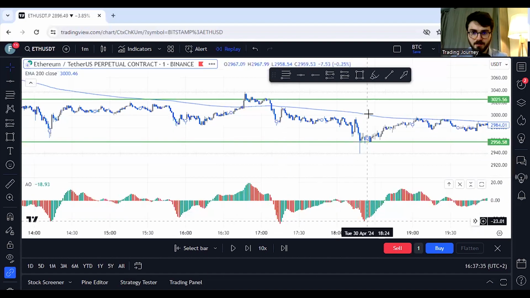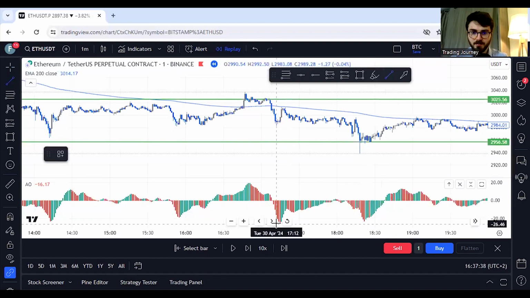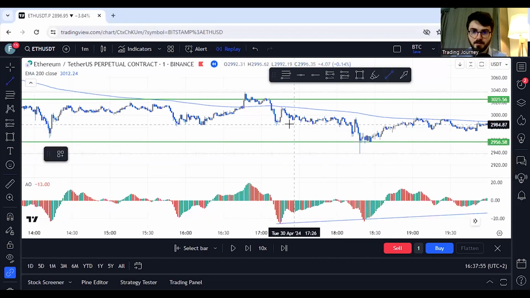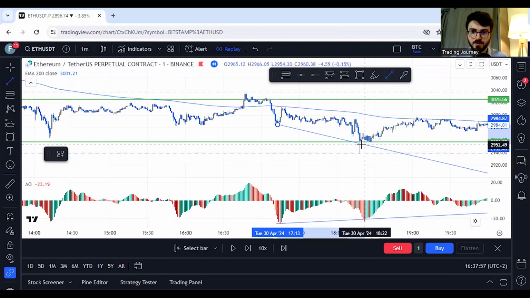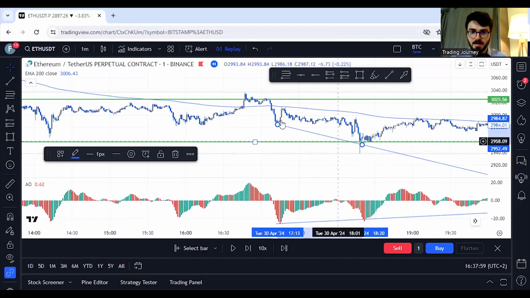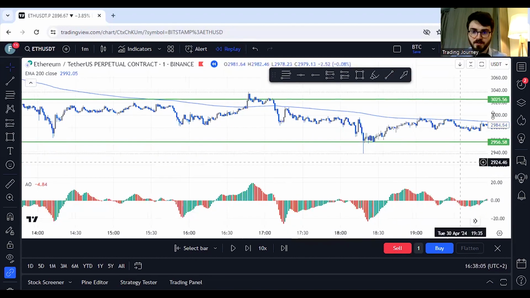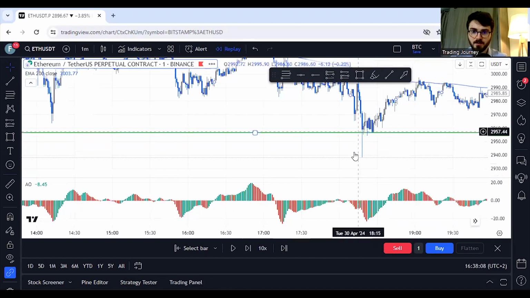But as we can see, the Awesome Oscillator is doing the opposite. Now this low is actually a bit higher than this one. So this is also a divergence, because we see the line is going down and the line is going up here. And with this, we can also see that there is a support here that I drew on the 15.